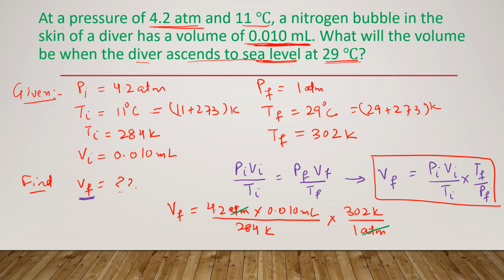Atmosphere cancels with atmosphere, and Kelvin cancels with Kelvin, so we have the final value in units of milliliters. So let's refine this equation. This will be equal to 4.2 times 0.010 times 302 divided by 284, that many ml.